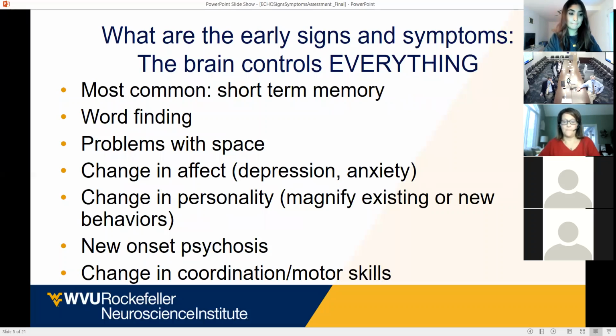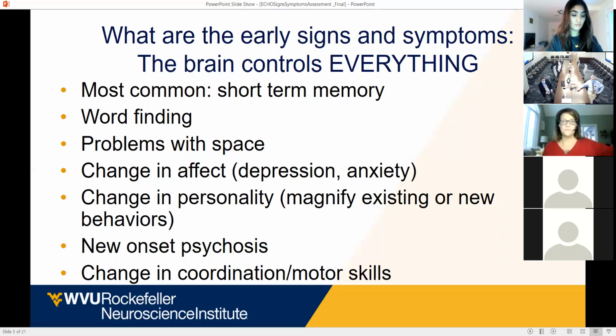So what are the early signs and symptoms of a neurodegenerative disease? Anything. The reason is that the brain controls everything about us. So when you have a neurodegenerative condition, somewhere in the brain, it's going wrong. And wherever in the brain that is, you'll have symptoms that come from that area of the brain.